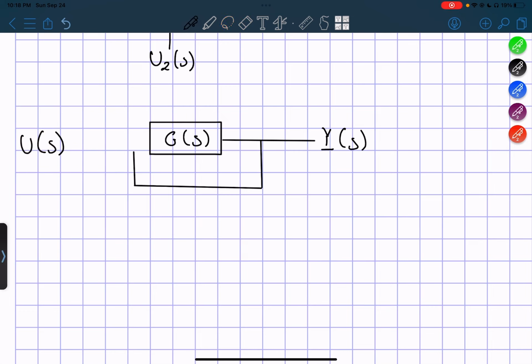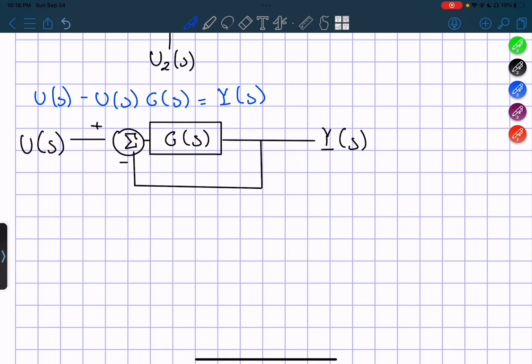I'm going to say that here is a plus from our side, and then there is a minus from here. Again, I can put a sigma here. It makes it easier at the beginning, but I will stop toward the end. So here, as you can see, we have our u that goes in. Let's say this is 0 for the moment. So we have our u that goes in, gets multiplied by g of s, and then this exact thing gets subtracted from u to give us y of s.